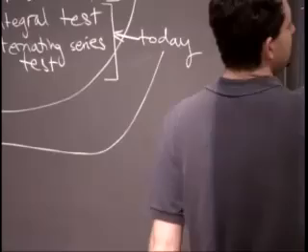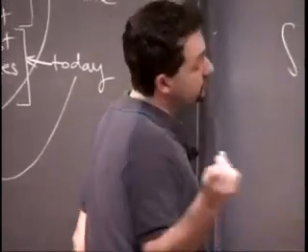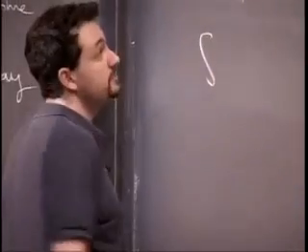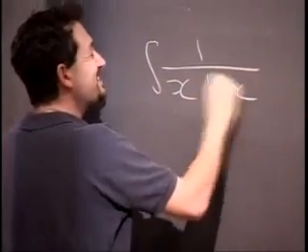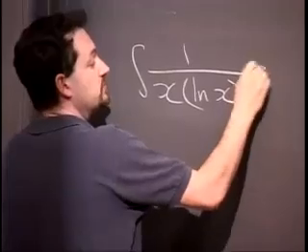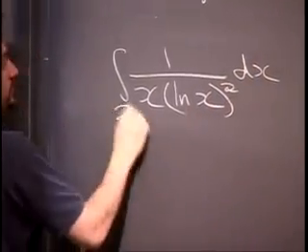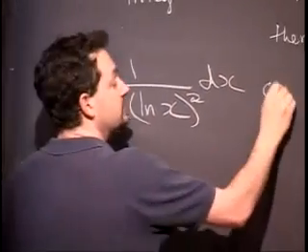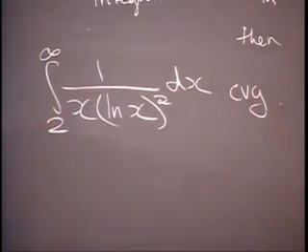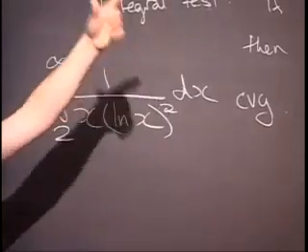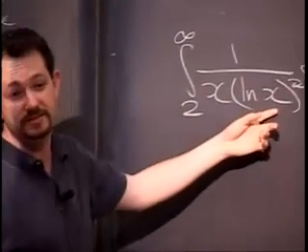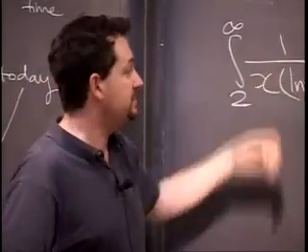An example is that we already saw, and this was a few weeks ago, so I don't blame you if you forget, but we saw that this integral, 1 over x log x to the power 2, say from 2 to infinity, converges. And actually, I'll leave that to you, but if you do the same substitution, the only difference is you get a 1 over t squared instead of a 1 over t. And that converges by the p-test.